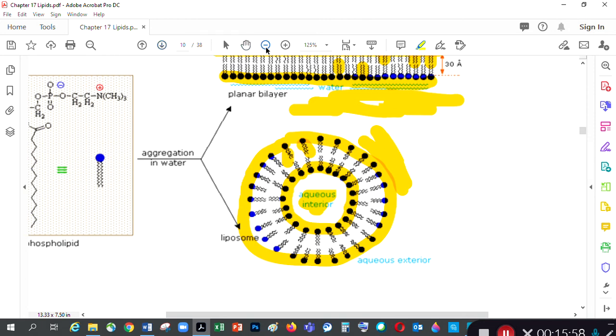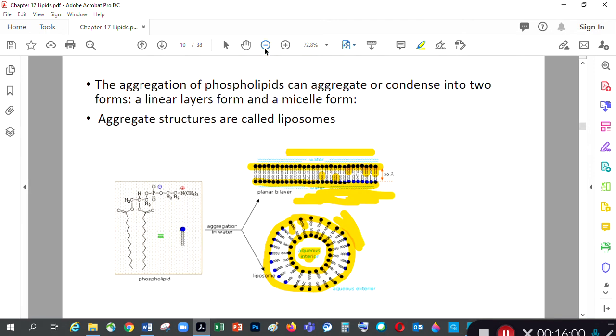Let me go down with the size now, normal size. Yes, so there are two possibilities for phospholipids. They can aggregate themselves, coming together and make a bilayer, protecting inside the cell the genes, the DNA, the mRNA.